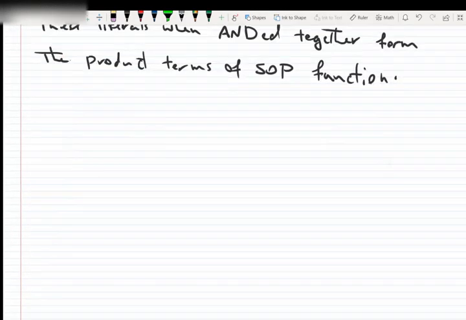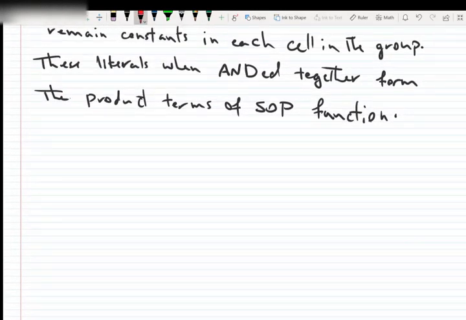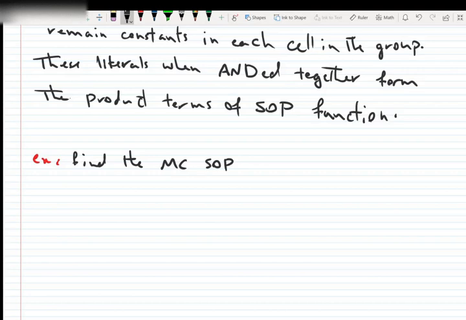Okay, let's see. Here we have some examples. We want to find the minimum cost sum of products form for the function. I use MC to mean minimum cost.